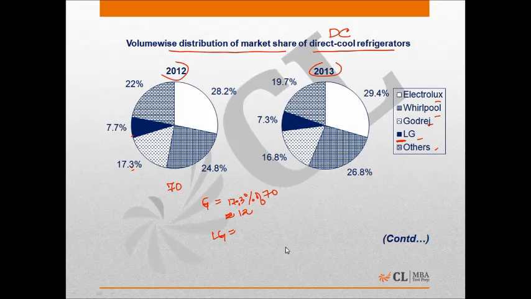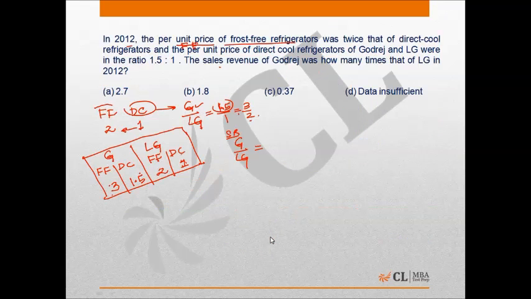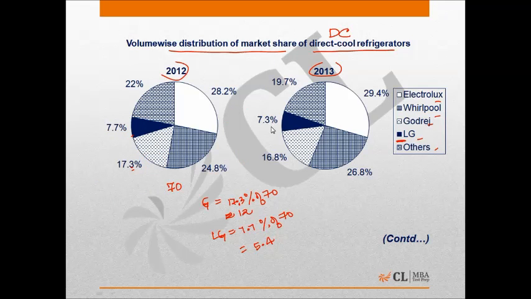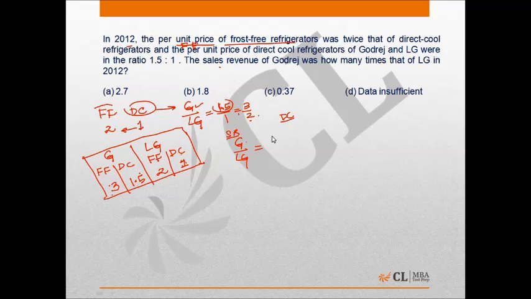So we will have 7.7% of 70, which will give us a value close to 5.4. So let's put the values of 12 and 5.4 in the question. So we have Godrej Direct Cool as 12 and LG is 5.4.